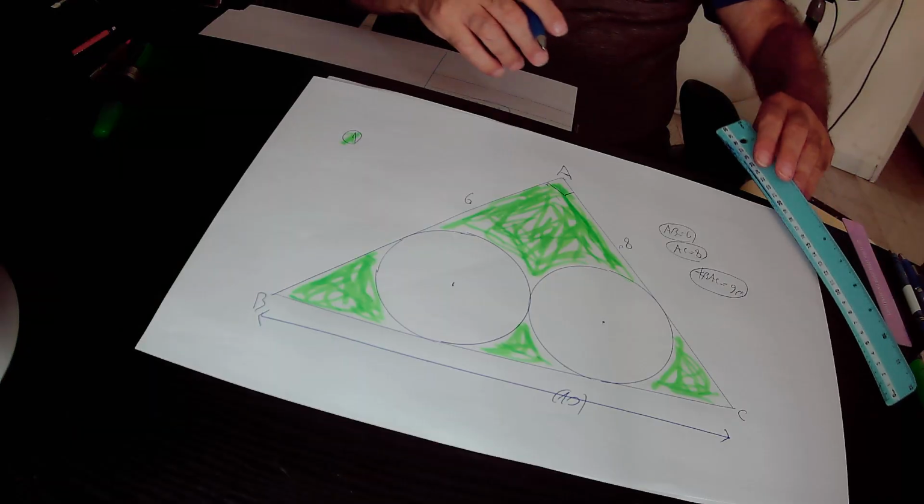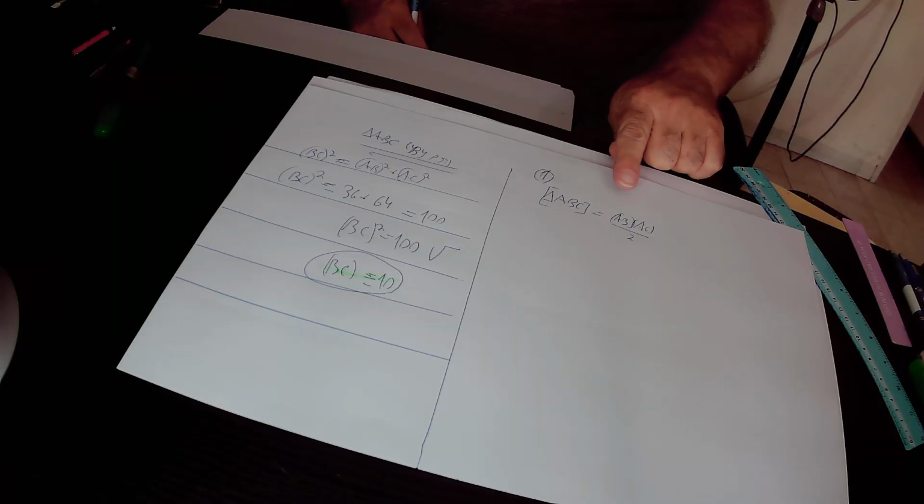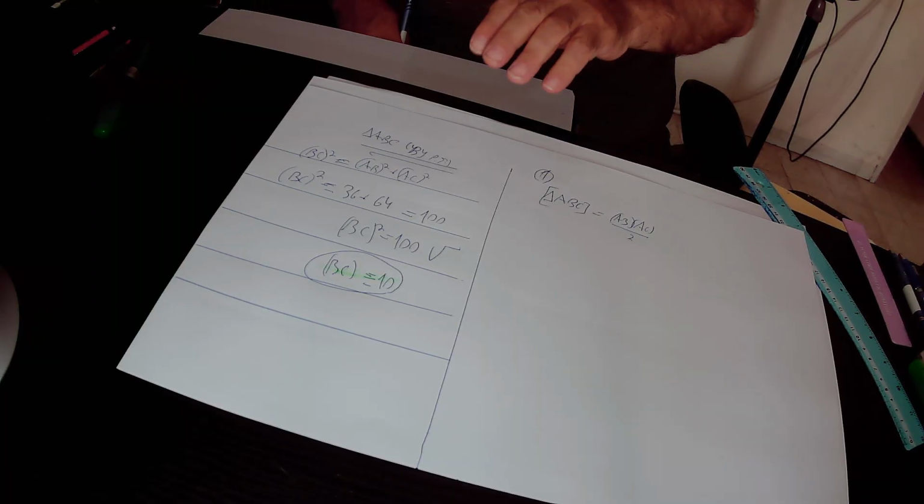And again, the area of this triangle ABC equals the base AB times the height AC over 2.